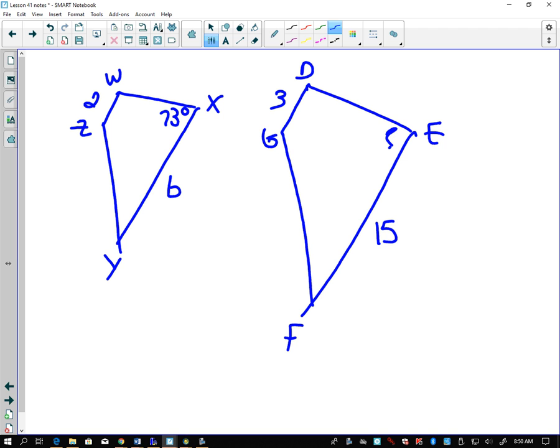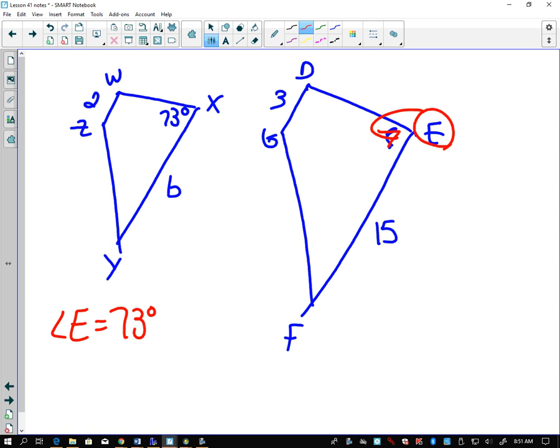Okay, angle E. Katie, can you tell me what angle E is? Angle E, this one right here. What is that angle measure? 73 degrees. How did you know it was 73 degrees?